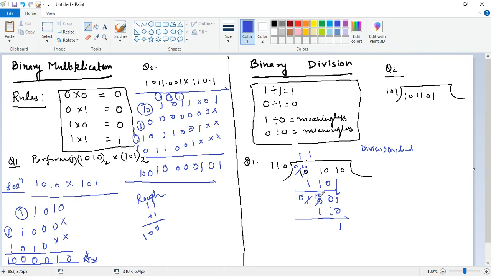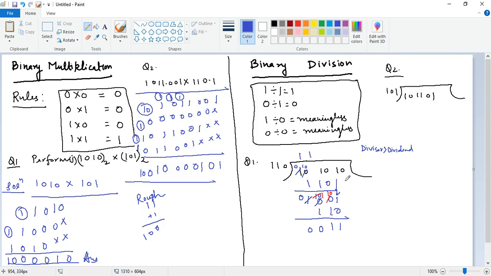And when this bit again gives a borrow to this, it will become 1 and it will become 10. So 10 minus 1, 1 is 1, 1 minus 1 is 0, and this will be 0, right?